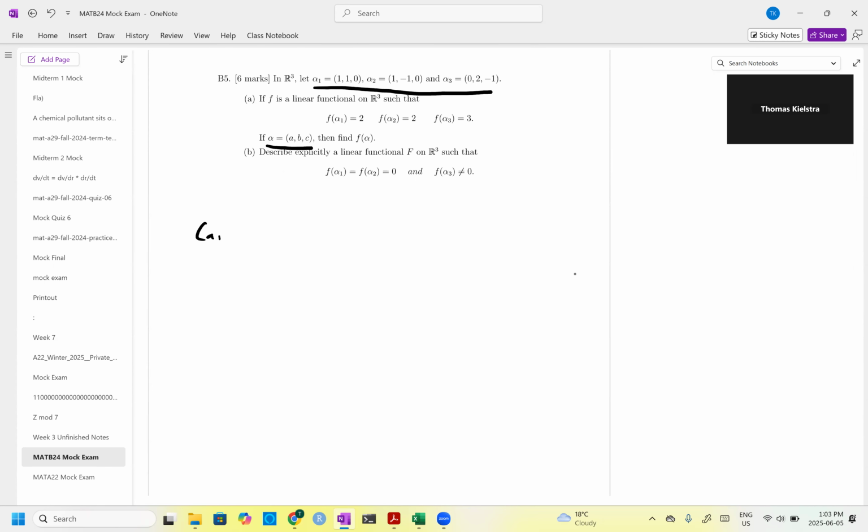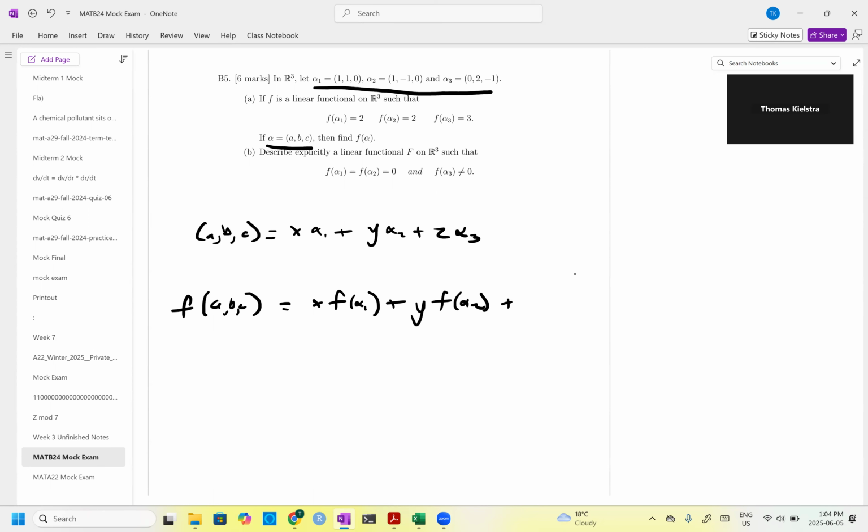So the vector a, b, c equals x alpha 1 plus y alpha 2 plus z alpha 3. And then f of a, b, c is going to equal x f alpha 1 plus y f alpha 2 plus z f alpha 3.